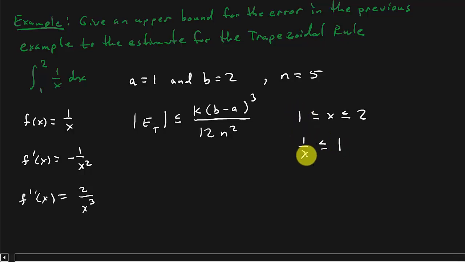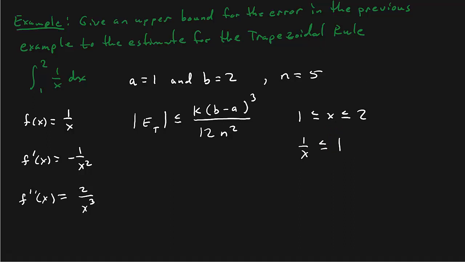If you take the value 1 and plug it in for x, you get 1, and if we plug in 2 for x, that's 1/2, which is less than 1. If we plug in values like 1.1, 1.2, 1.5, 1.7, the denominator is larger than the numerator, so it's never going to be larger than 1.